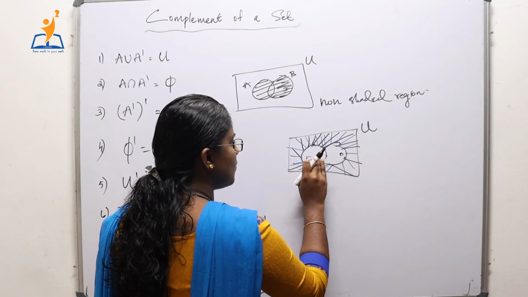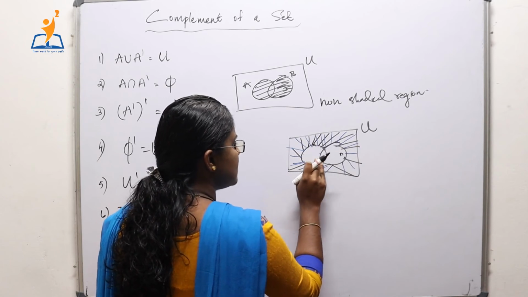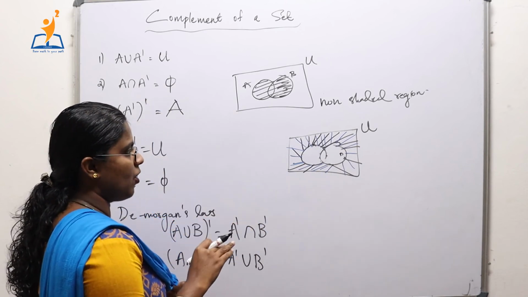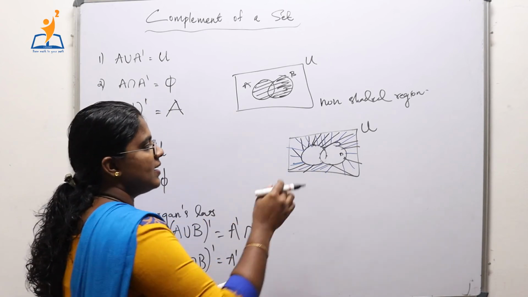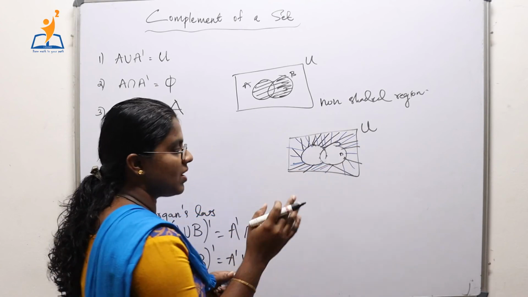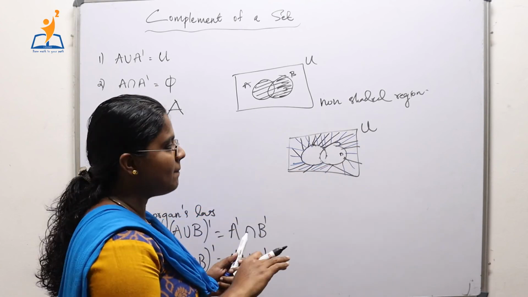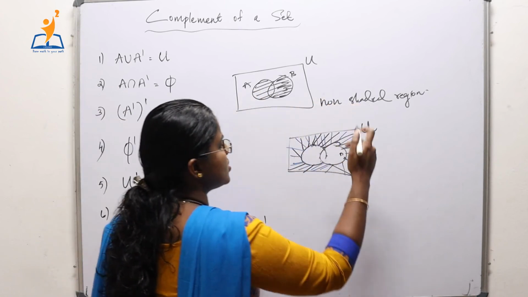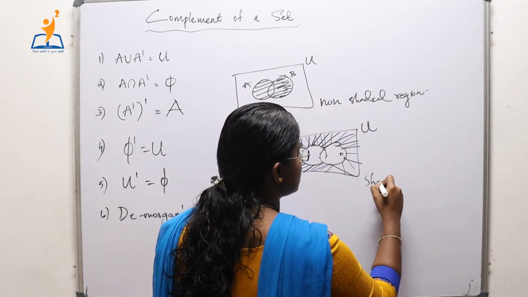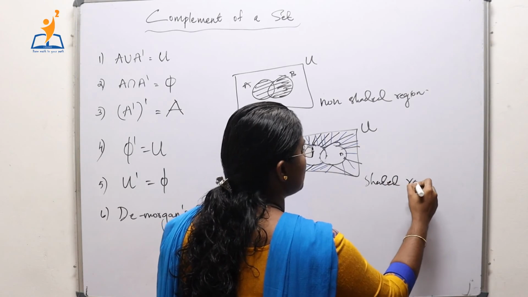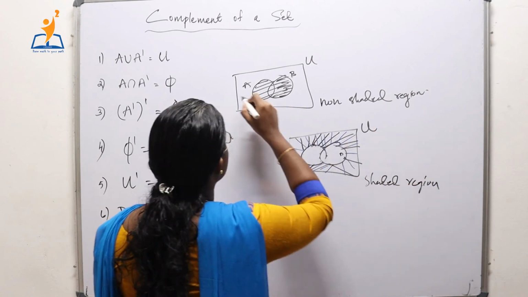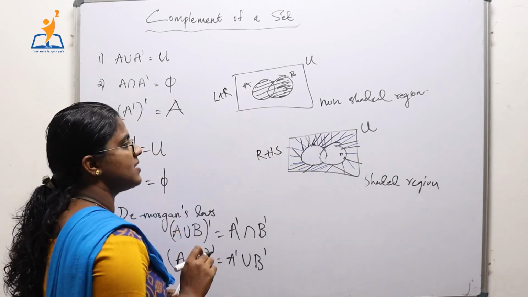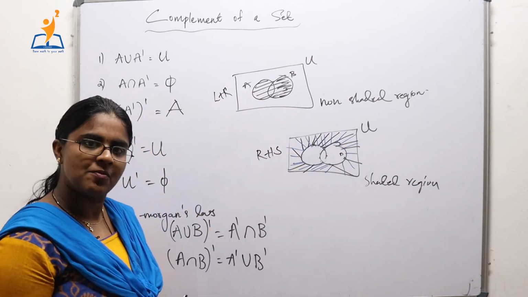So here we are removing the blue lines. So what is the region after removing the parts that belong to only one of them? It is this shaded region where we have both blue and black lines. So here the region is non-shaded region and here the region is shaded region. Look into both of these figures. This is LHS and this is RHS, and we can see that both of them are same.